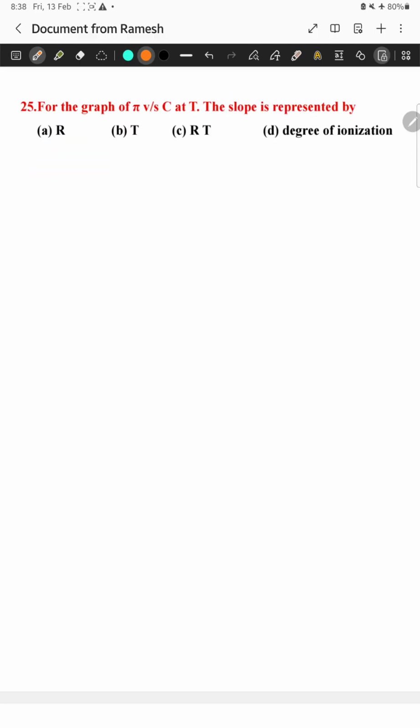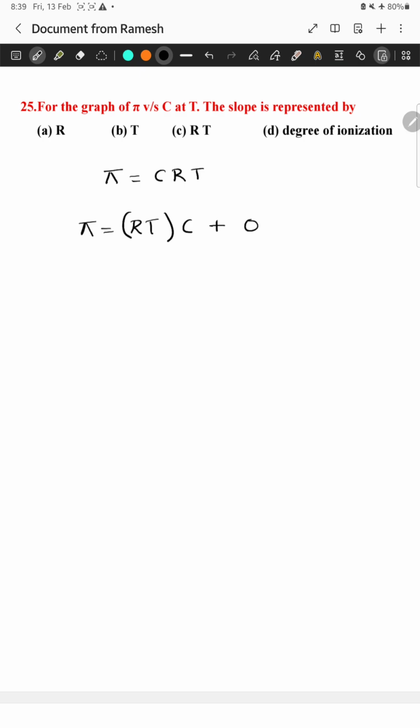Read question number 25. For the graph of pi versus C, pi means osmotic pressure and C means concentration, at temperature T, the slope is represented by. Remember the osmotic pressure formula, pi is equal to CRT. Now I will rearrange this formula like this: pi is equal to RT into C plus 0.